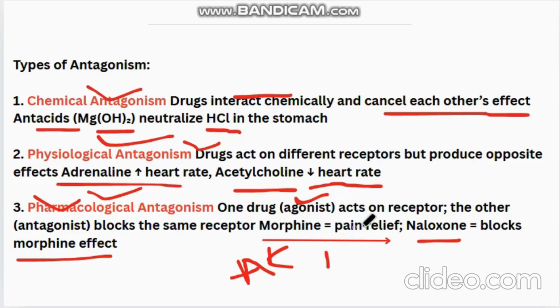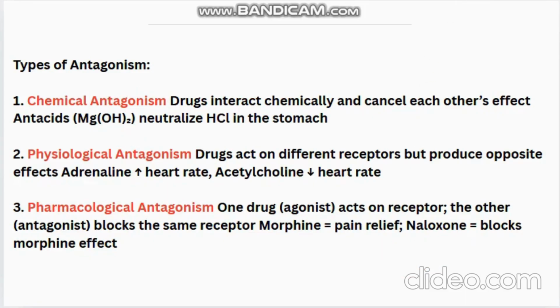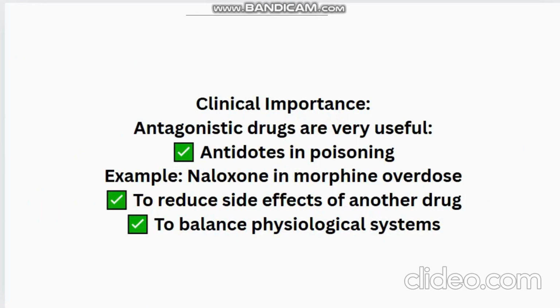So here morphine relieves the pain, and naloxone blocks the effect of morphine by acting on the same receptor. For example, morphine acts on receptor A, and similarly naloxone blocks receptor A. That is called pharmacological antagonism. Sometimes these antagonistic effects may be beneficial, and sometimes they may cause a harmful effect on the body.